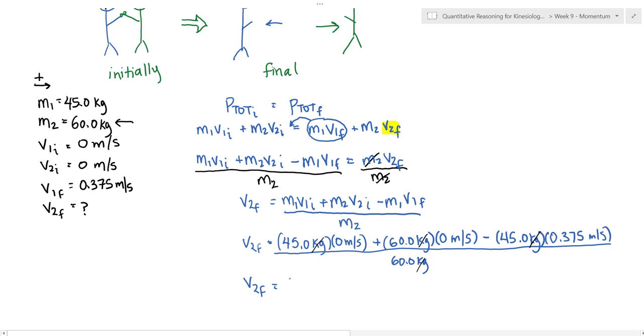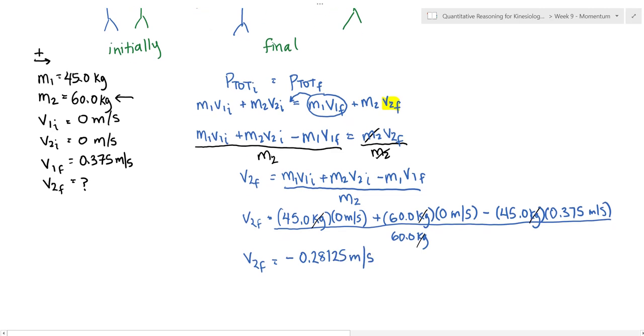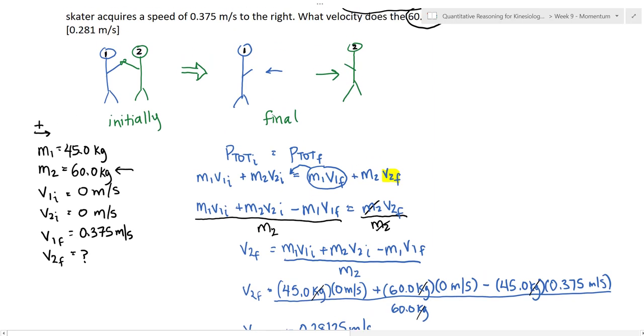And we get negative 0.28125 meters per second.